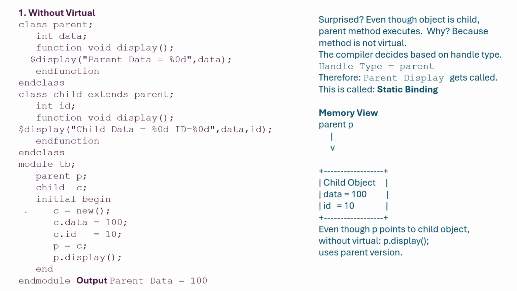So this is my class. Class parent has the property data, and the method is not virtual. Dollar display uses the data. Then the child class adds another property, id. Class child extends parent.